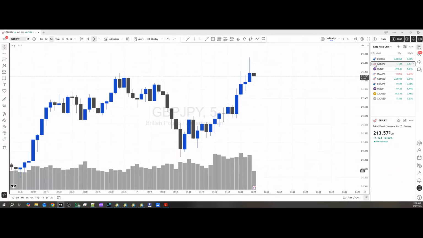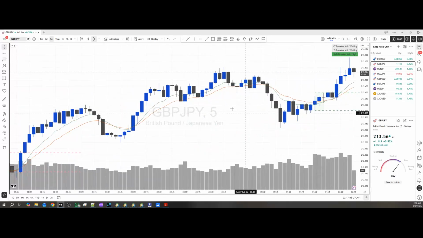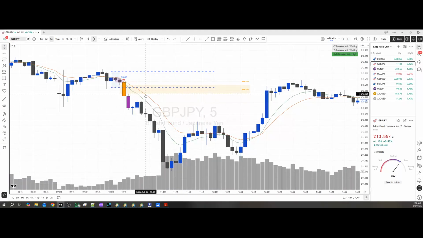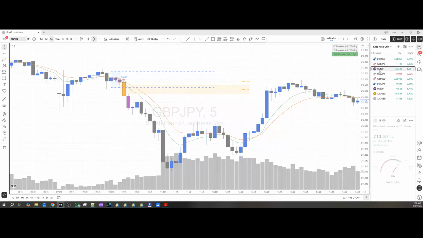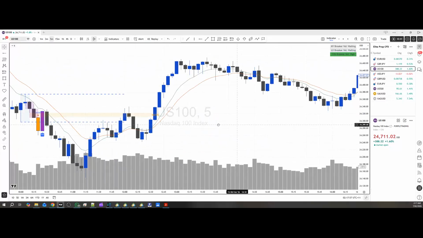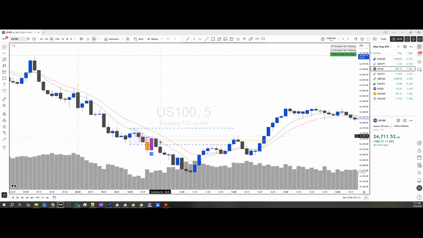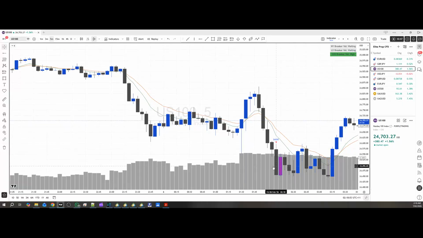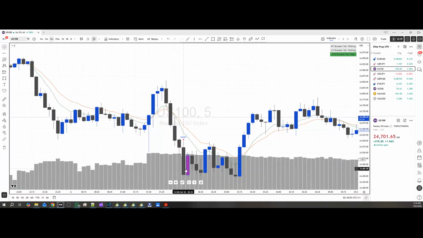Okay, let's find another example. Same thing, but in 50%, it didn't come to the 50%. Let's try it. Let's find it out. Oh, there you go, fakeout. This one was actually a loss.